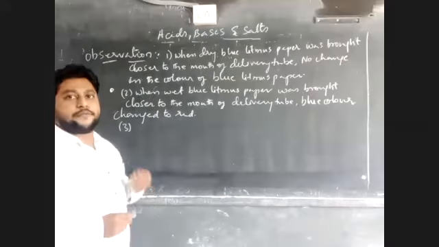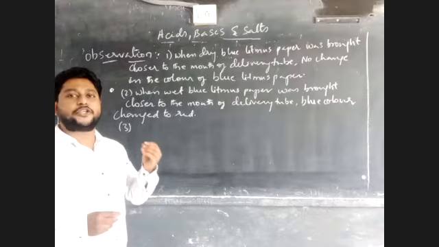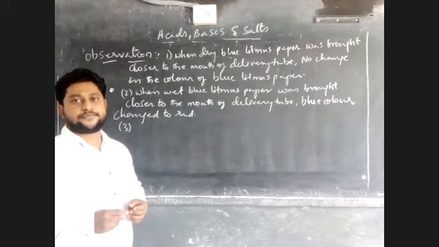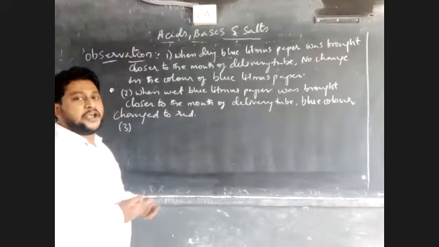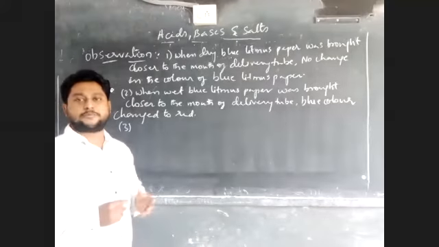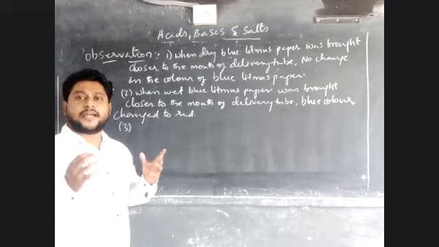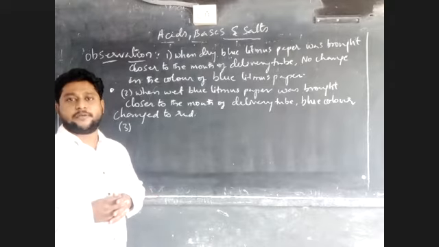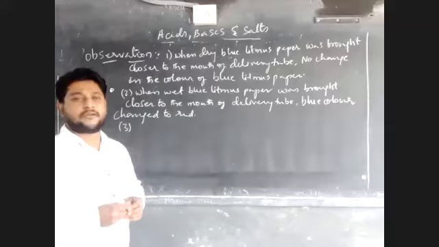HCl gas produces H plus ions or H3O plus ions in the presence of moisture. Or simply we can say the presence of H plus or H3O plus ions makes the solution acidic. H plus ions, H3O plus, are called hydrogen ions or hydronium ions.